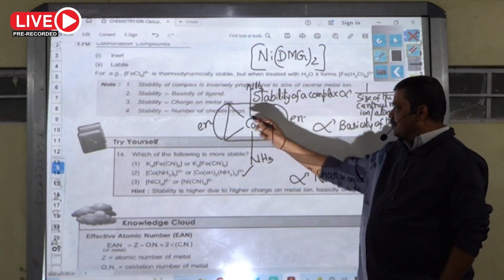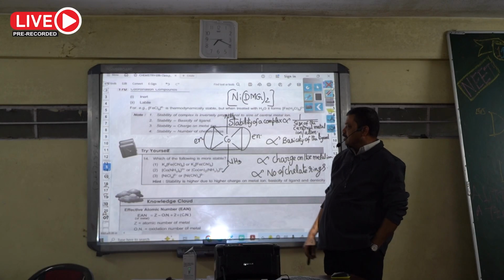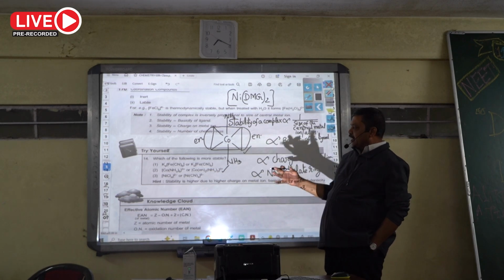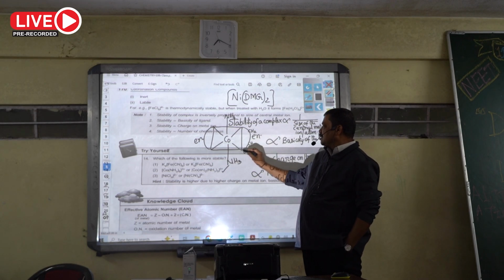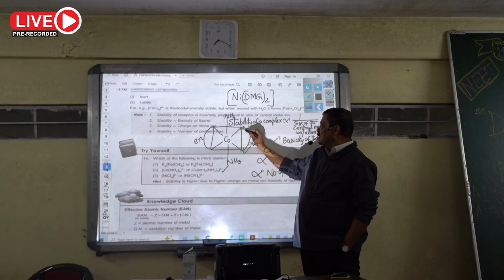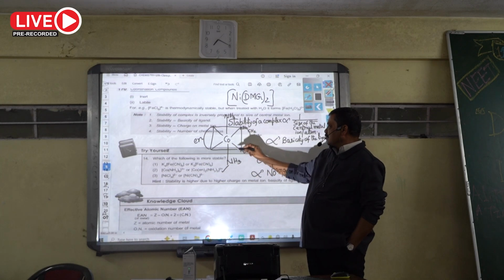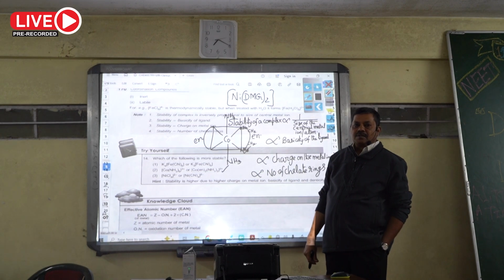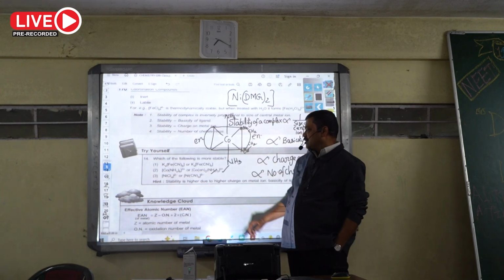So it forms a ring, an ethylene diamine ring. It is a chelate, not a big ring. 1, 2, 3, 4, 4 carbons are involved there. Not 4, 5. A pentagon is formed. So the answer is this.